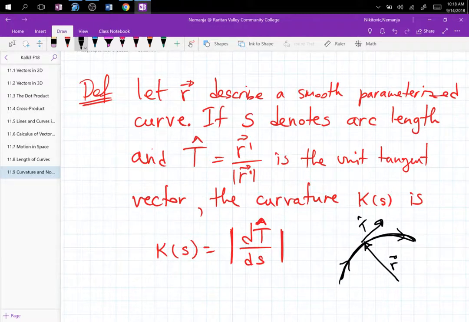Now, knowing that arc length is the path along which the tangent vector is moving, and we know that the derivative measures the change, and since it's a tangent vector, the only thing we can change on the tangent vector is not its length, but its direction.